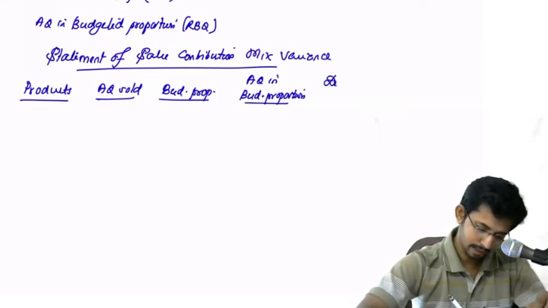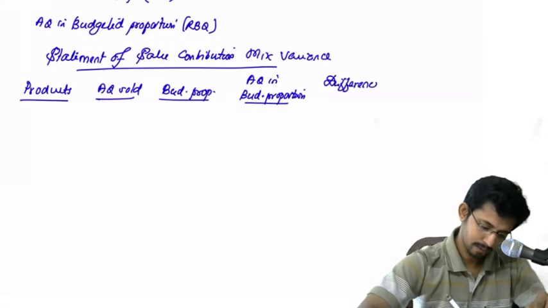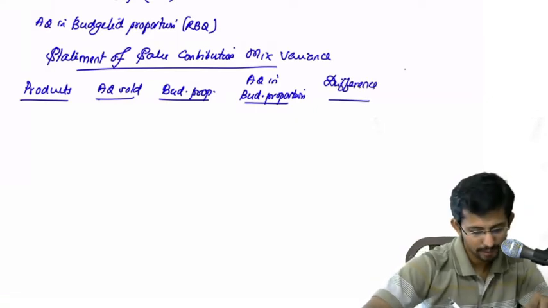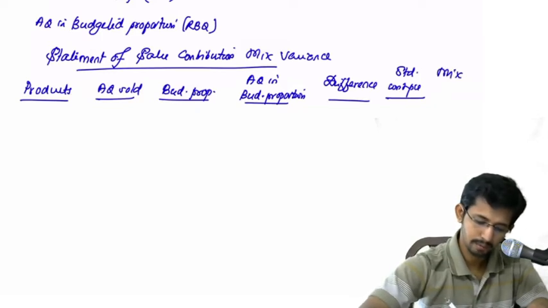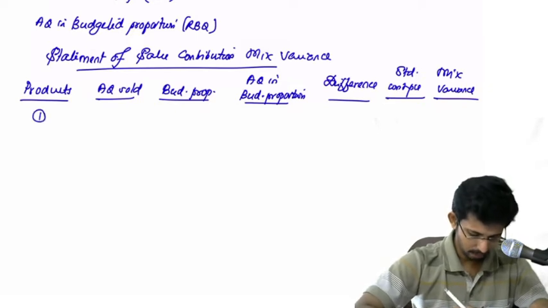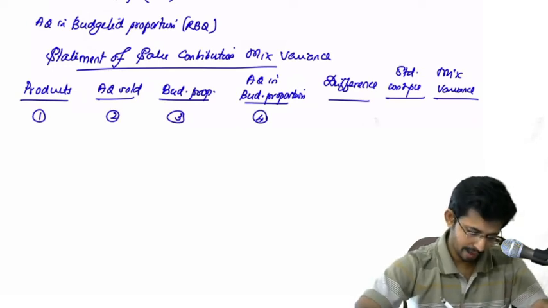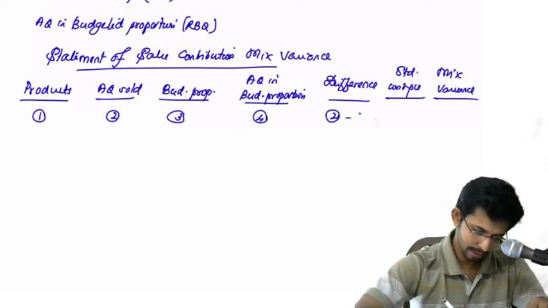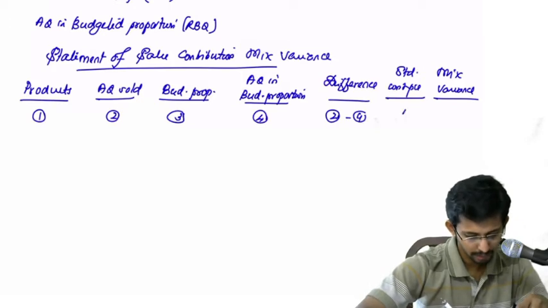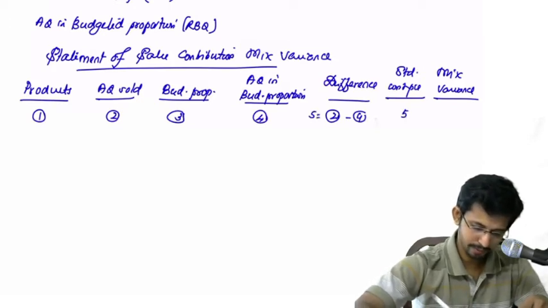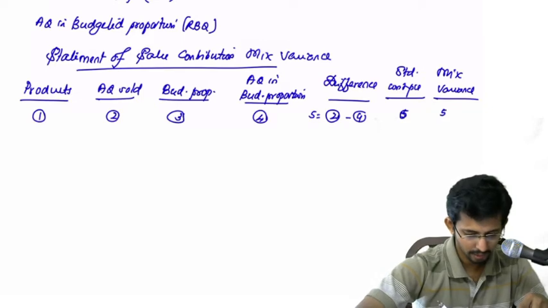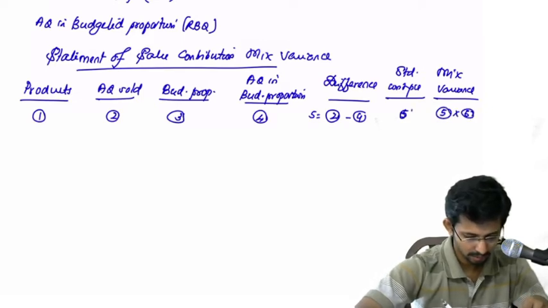Then you have difference, then standard contribution per unit, then you have mix variance. This is columns 1, 2, 3, 4, 5, where 5 is column 2 minus 4, then this is 5, this is 6, 5 into 6.